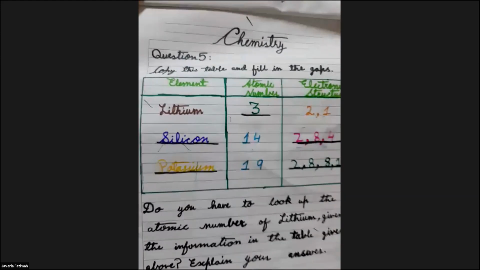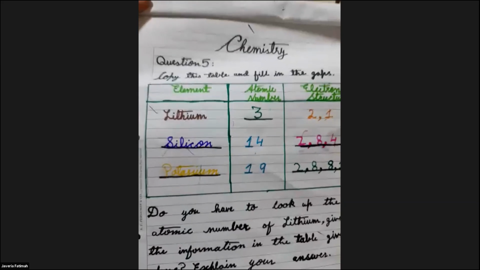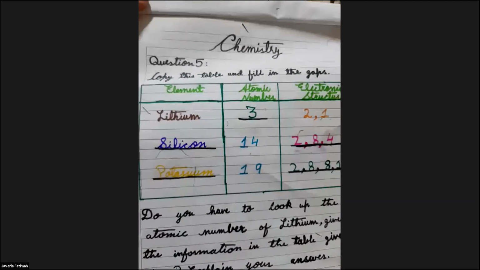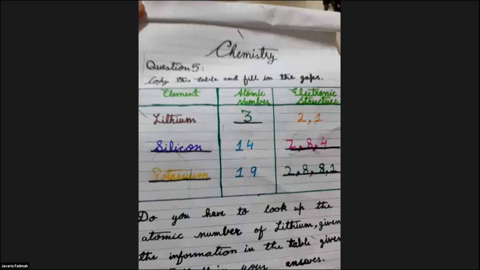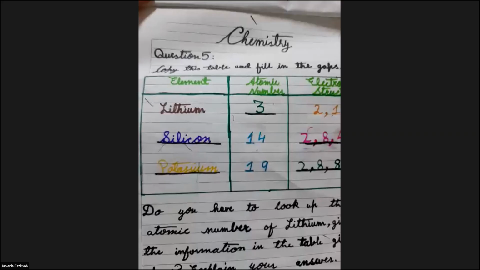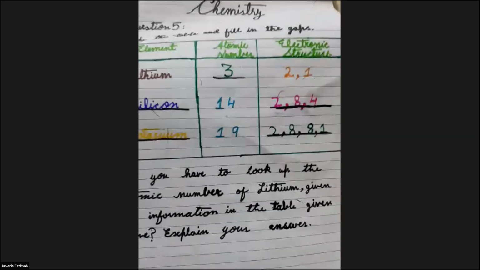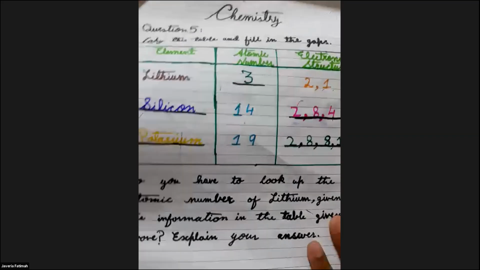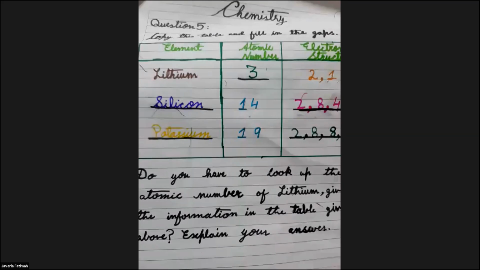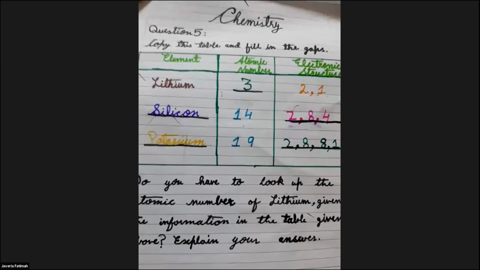The number of valence electrons in the outermost shell, exactly. So if it's in group 1, it should have 1 electron in the outermost shell. Does that make sense? Good. Javeria, you've done a fabulous job. Keep it up.